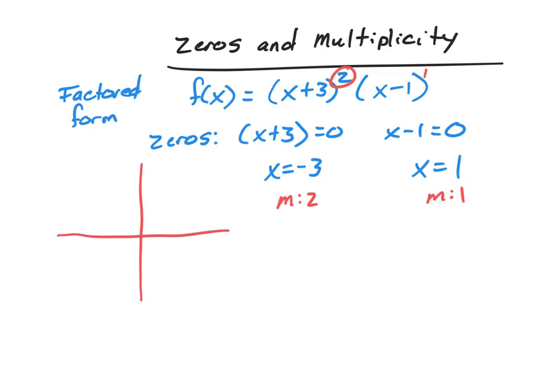If I were to graph this, and if you wanted to, you could put this into your calculator and graph it, and maybe we'll even do it for this one just to show you what's going on here. These are the two places that this graph should cross or touch the x-axis.